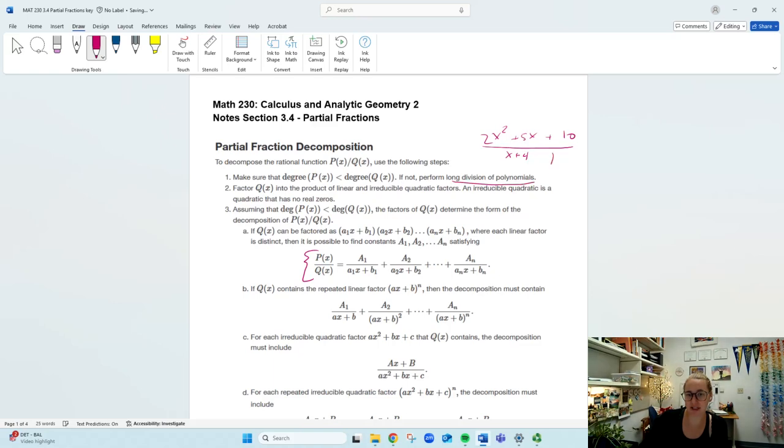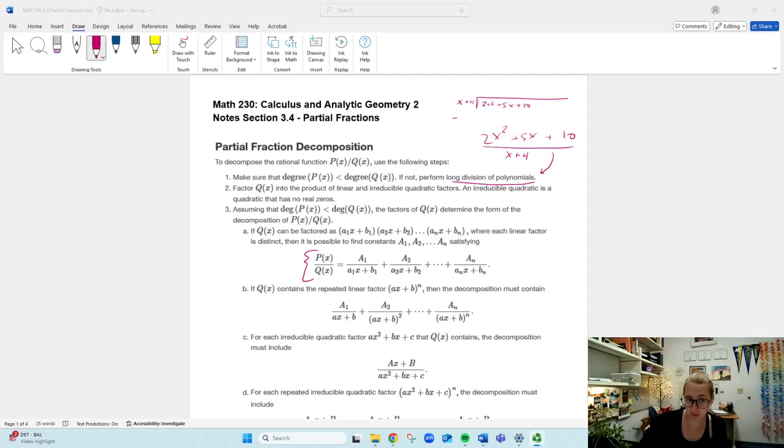So here is an example where I would do long division, actually divide those out. If you want a little review on long division, here's x plus 4, and I'm dividing that into 2x squared plus 5x plus 10, but there will be a problem later on where I'll actually show that, and I'll show long division. I'll also show the box method, which is like my favorite thing ever.